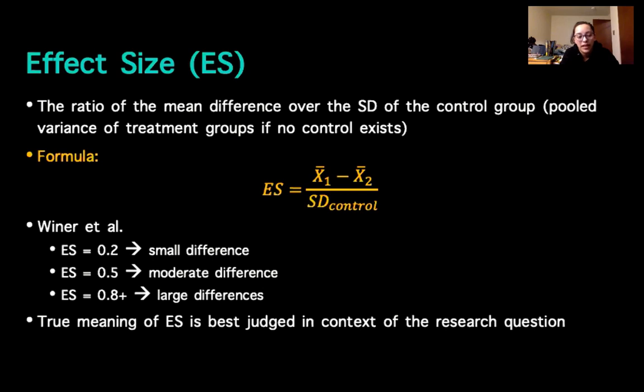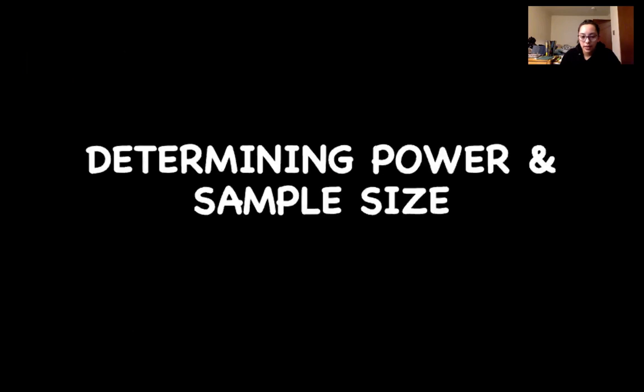It will highlight how big of a difference we actually had in terms of the variability that was within the samples we collected. Okay. So that is effect size. We'll keep revisiting this over the next few weeks. But you guys will practice calculating that in your activity this week.